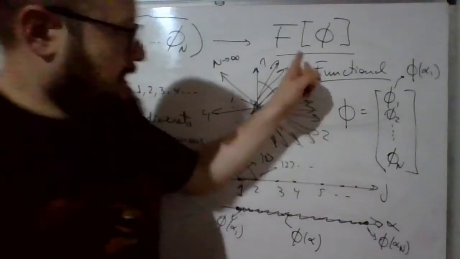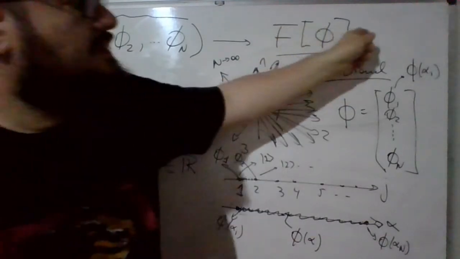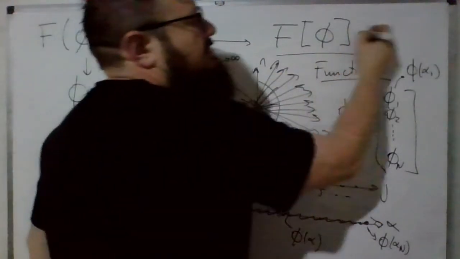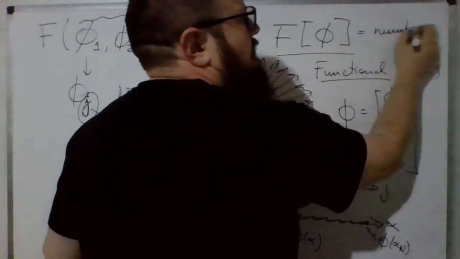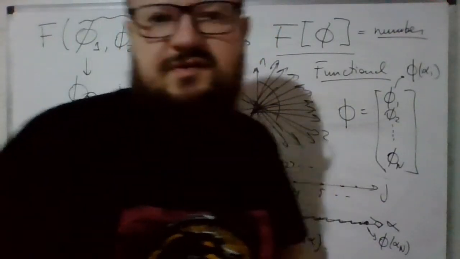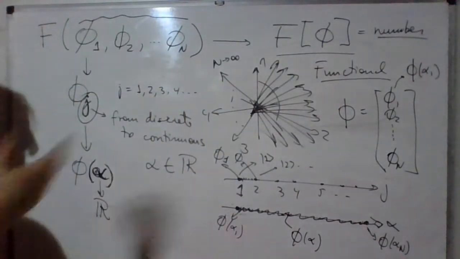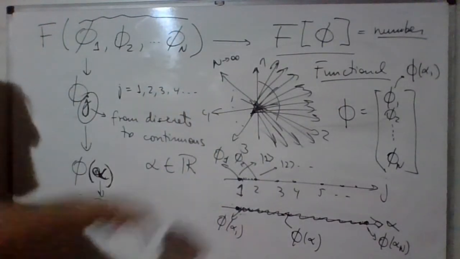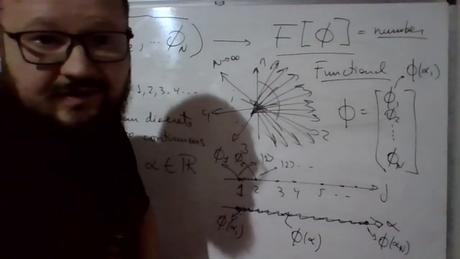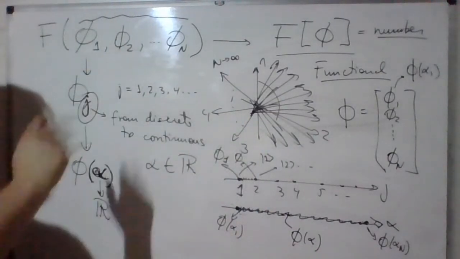And in this case, this is a functional which produces a number. The result of this is a number, complex valued or real valued, depending on the nature of this phi. If I pick a complex valued function, in certain cases it could produce a complex number here. So this is a function.